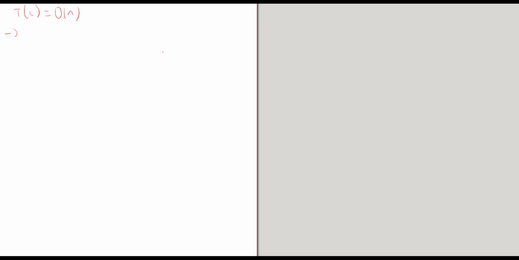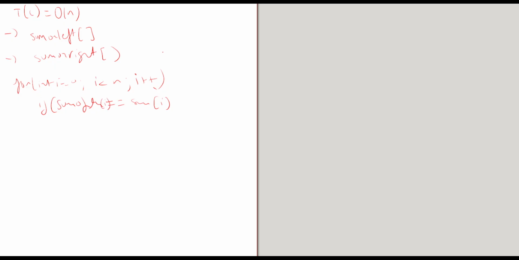So instead of having a variable, we'll keep an array itself, which will be sum on left array, right, and then we'll have sum on right array, और फिर हम इसको ट्रेवर्स करेंगे फॉर int i is equal to 0, i is less than n, i plus plus, जिसमें if sum on left equal to sum on right i, return i, right, easy. ये है एक बेसिक सॉल्यूशन जहाँ पे हमारा टाइम कॉम्प्लेक्सिटी इज नाउ इम्प्रूव टू O(n) and now space complexity is also O(n), right? Now how to code this solution?